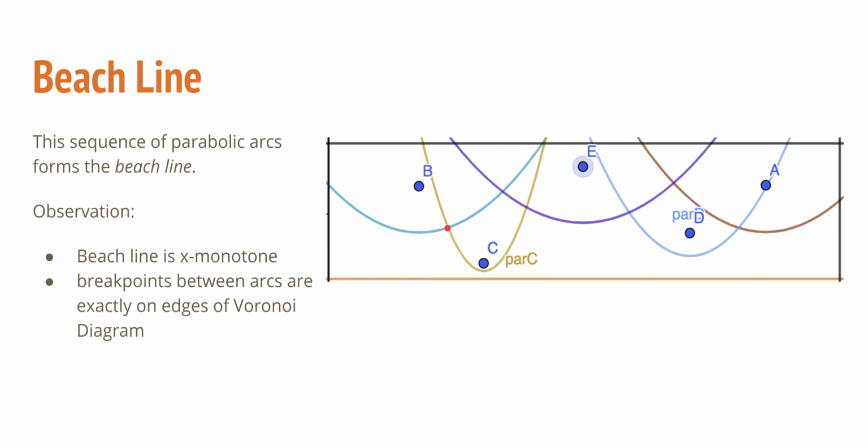When we are on the Voronoi edge, we know that we are equally distant from two sides. This is a very important thing we have to keep in mind for later.